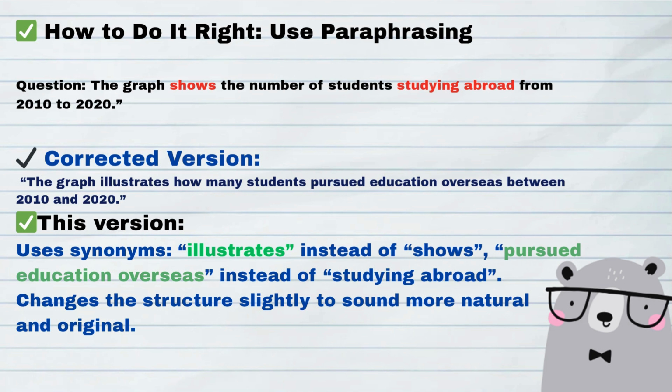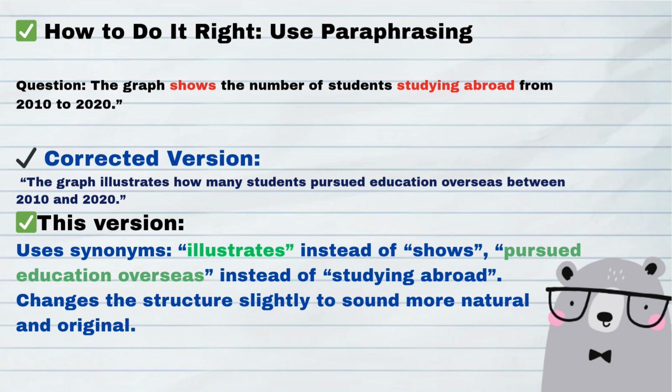Okay, so the graph shows the number of students studying abroad from 2010 to 2020. This was the question, and the students usually take the same as in an answer. No, the correct version is: the graph illustrates. Instead of using shows, you can use the word illustrates. How many students pursued education?